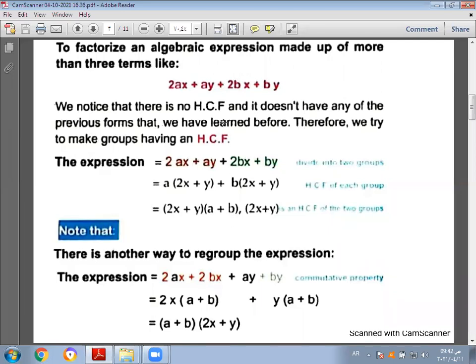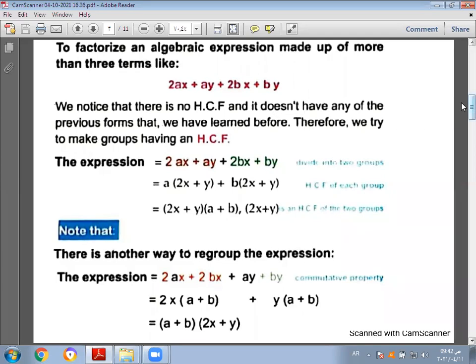Okay, we can divide as we want. In this example, we take the first term with the second term and the third with the fourth. We can take the first with the fourth, or the first with the third term and the second with the fourth.